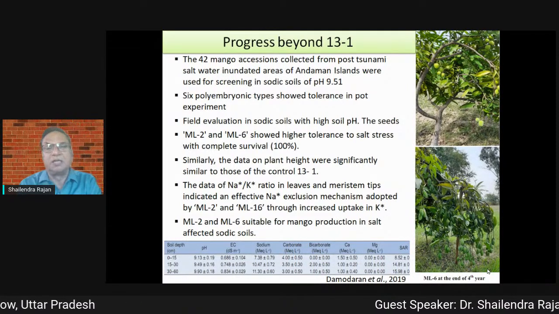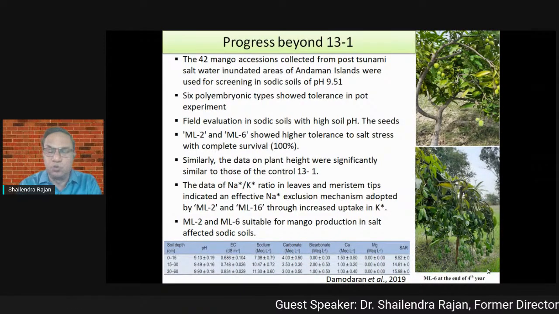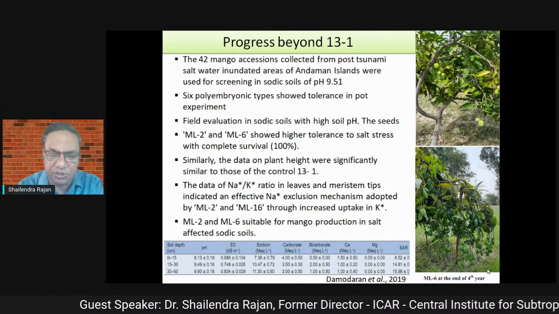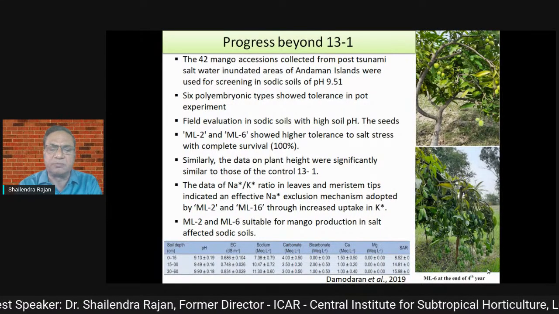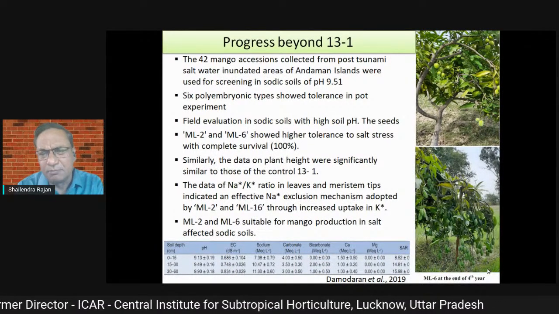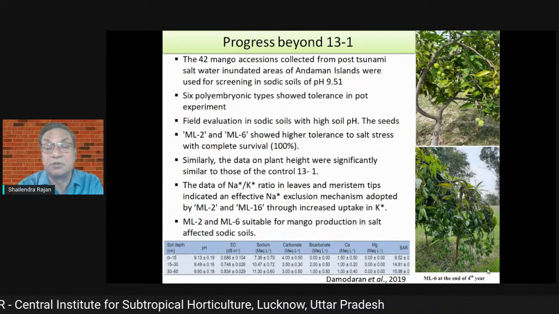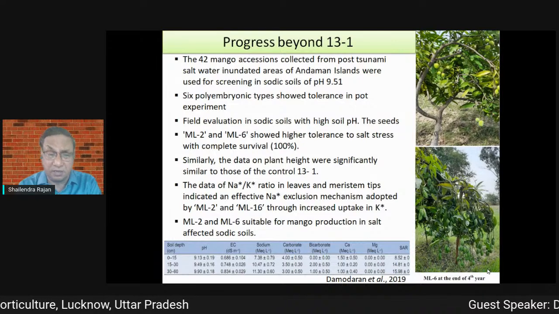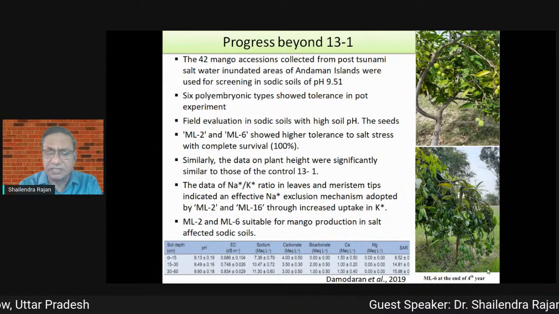Again, fruit setting in 13-1 is too shy, and very few fruits are produced, because these rootstocks are produced from nucellus seedlings. But here, in these two, ML2 and ML6, those are profuse bearing types, and there are a lot of chances that these can be commercialized.